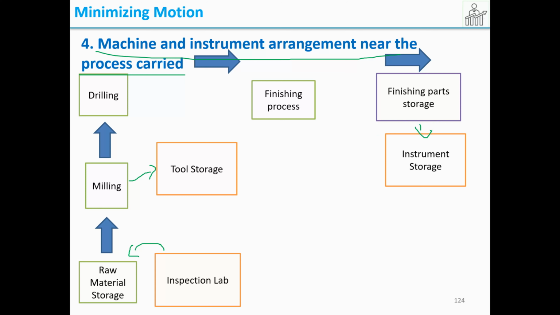So the time that the person takes to move to the particular storage area and bring the tools to work is reduced. Now you understand how you can minimize the motion by keeping the required things near the place where exactly the operation happens.